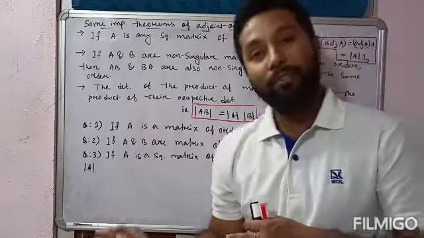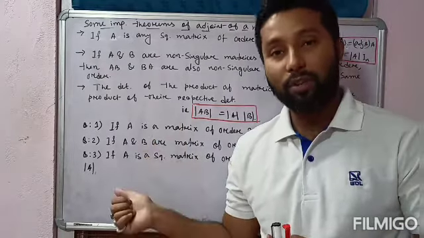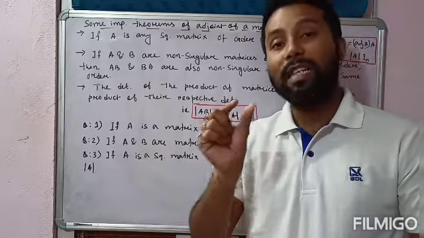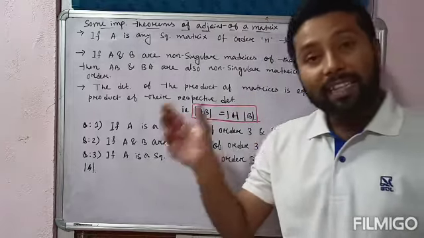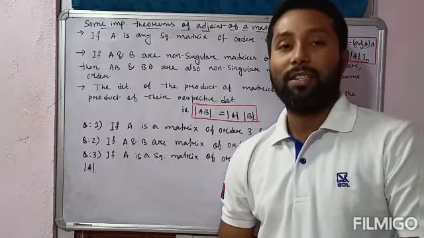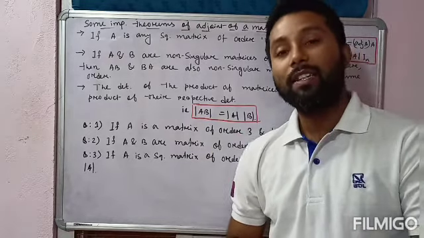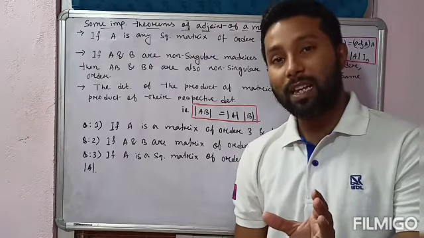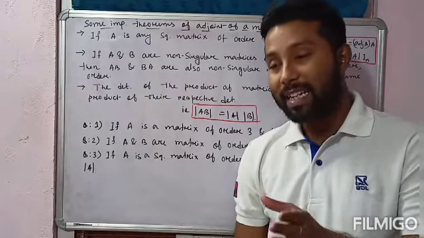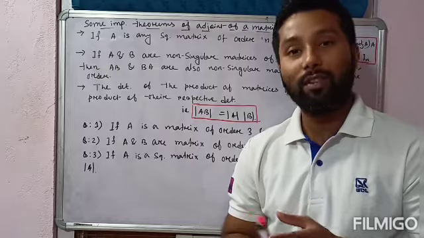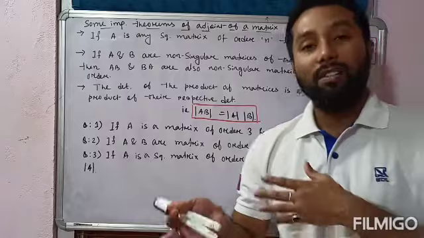This adjoint of a matrix is very important because by using the concept of adjoint of a matrix and by using the concept of singular and non-singular matrix we can find the inverse of any matrix. So to find the inverse of a matrix, the concept of singular and non-singular is needed as well as adjoint of a matrix. If you have the ideas about adjoint of a matrix and singular non-singular matrices, then you can easily find the inverse of any matrix.